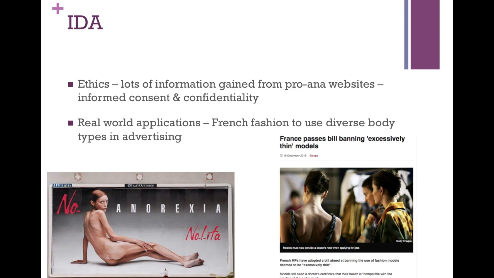They're obviously quite into their fashion and fashion and anorexia have obviously got a long history. And what's happened in France is this is an ongoing thing. So French advertising have agreed in the fashion industry to use a diverse range of body types in their advertising, kind of on the catwalks, in magazines, even down to mannequins in the shops. But this is still an ongoing thing.